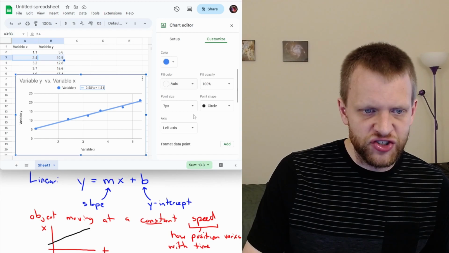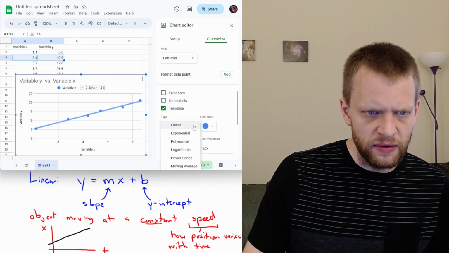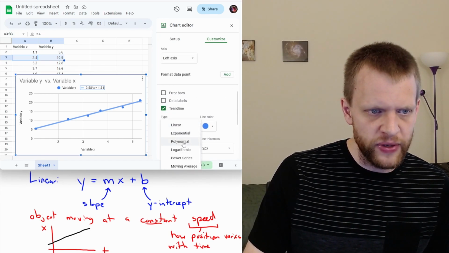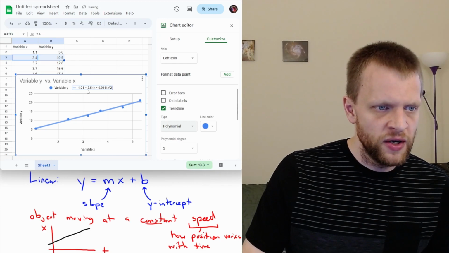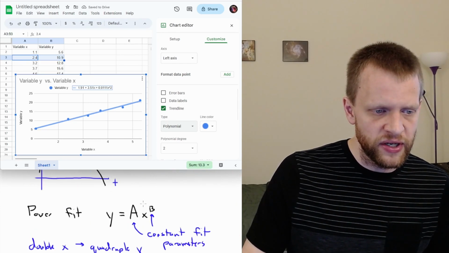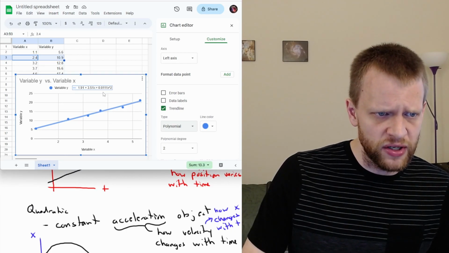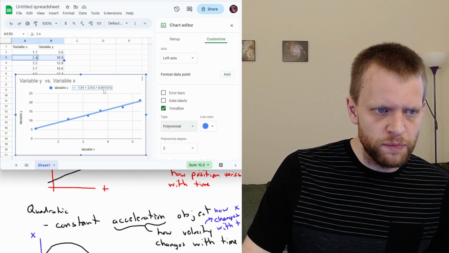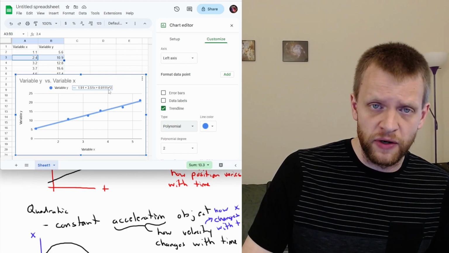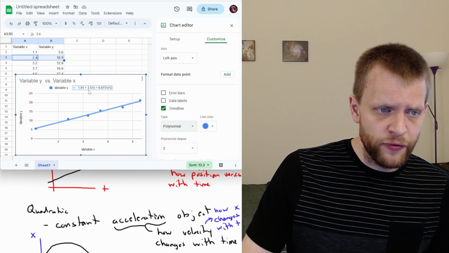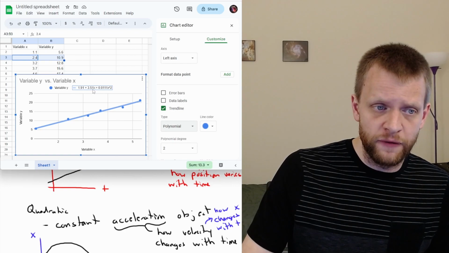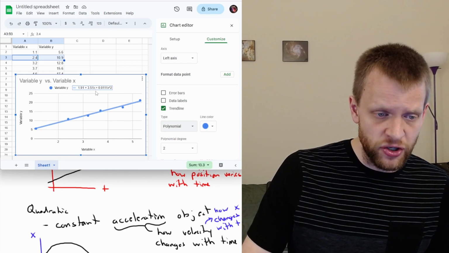Again, if we had some other kind of fit, linear is probably going to be the best one for this, but if we have a polynomial fit, well, we could identify this as, I don't think I put the quadratic equation on there, but this would be our value for capital A. It's the thing in front of x squared. 3.51 would be our value for capital B. That's our x value.